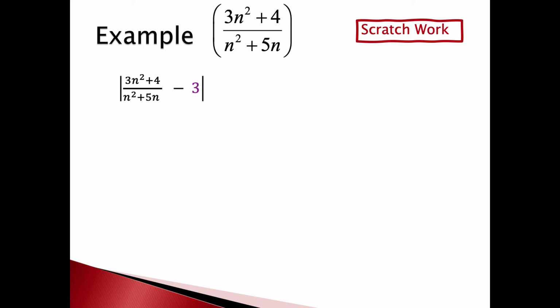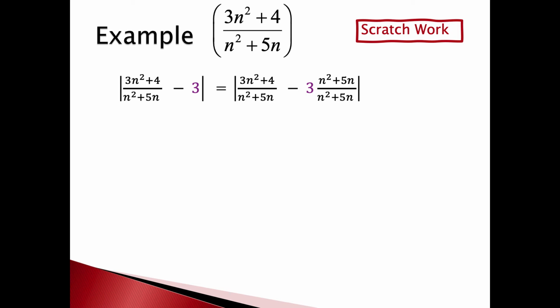So what I'll need to do is multiply that 3 by n squared plus 5n over n squared plus 5n to get a common denominator. When we do that, right, the denominator will be n squared plus 5n. Look what happens in the numerator. This is really cool. When I multiply that n squared plus 5n times the negative 3, I'll have a negative 3n squared.